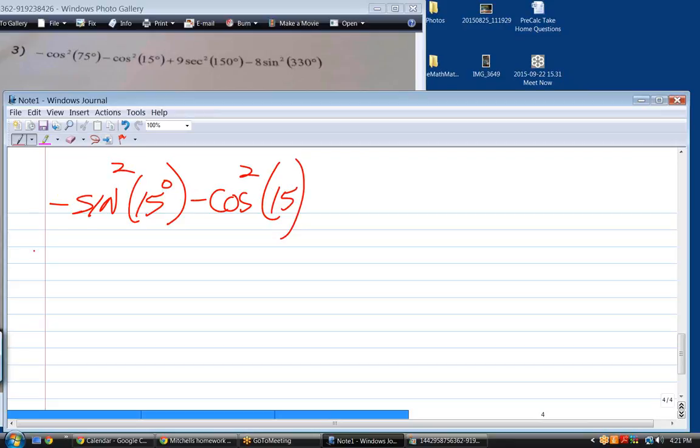In other words, I get to factor out the negative 1 to leave sine squared plus cosine squared, and it doesn't matter what that angle is, it's always 1. So I can replace all of this with negative 1. And I happened to notice that when I was looking at it. And so I wasn't concerned with 15 degrees being the angle that I wanted to convert everything to, especially when I saw over here that there's kind of a common angle of 30.